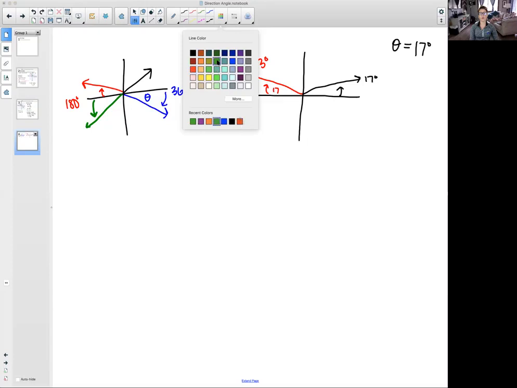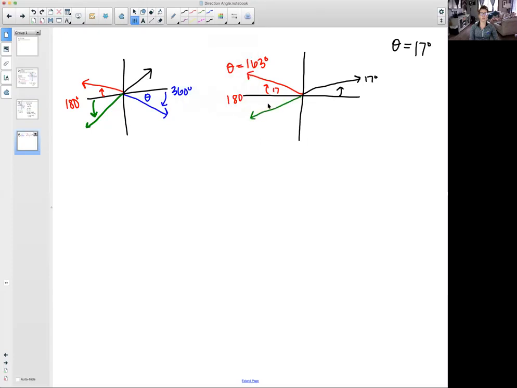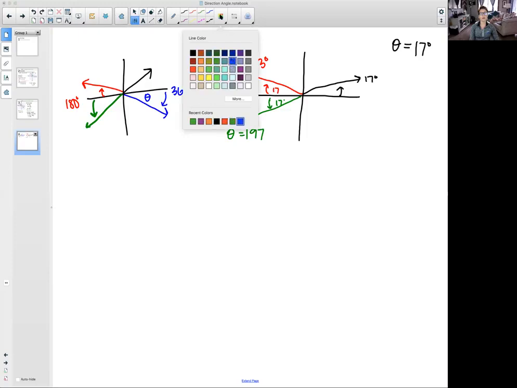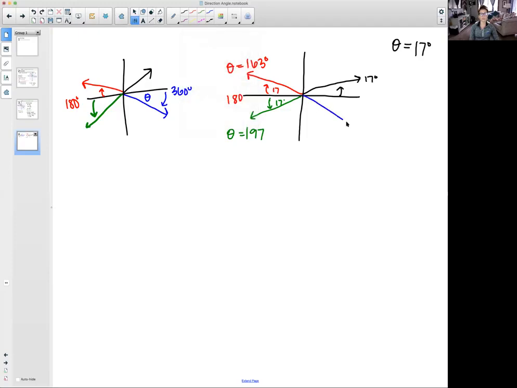If you have 17 degrees and your vector is pointing into the third quadrant, again, this angle is 17 degrees. So now we're going to do 180 plus 17 to get that angle. And then if you are in the fourth quadrant, again, this angle right here is 17 degrees.